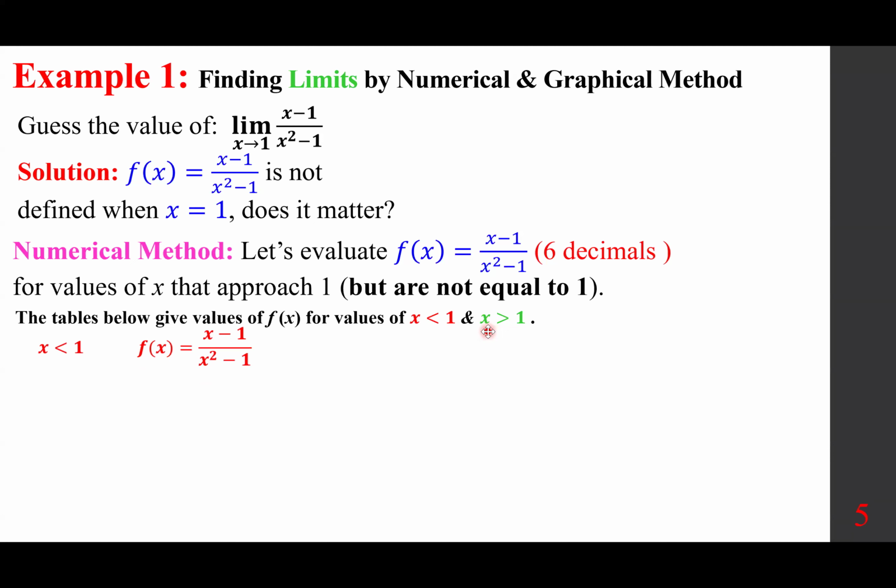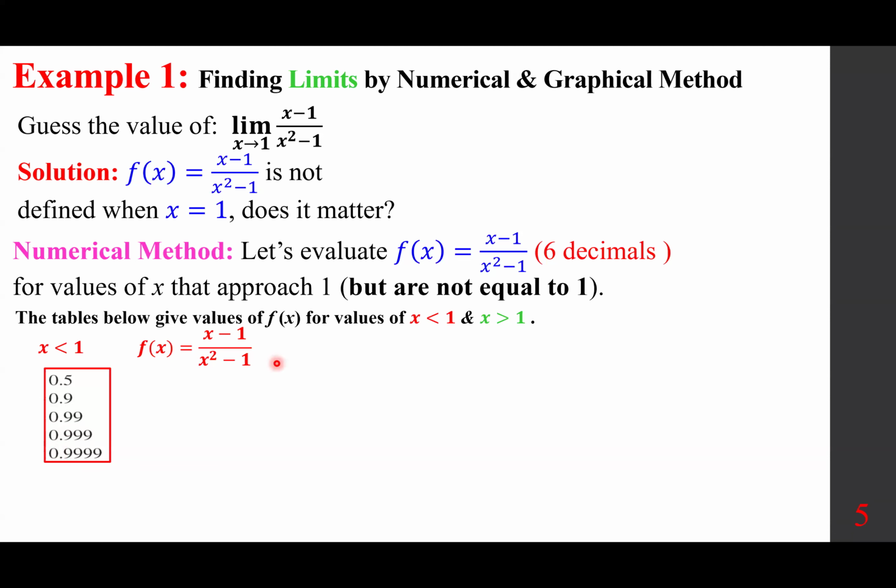For x less than 1, remember, the limit requires being very close. Even if we start with 0.5, 0.6, 0.7, 0.8, 0.9, even 0.9 is not close. We get closer and closer; the more nines we add after the decimal, the closer we get.